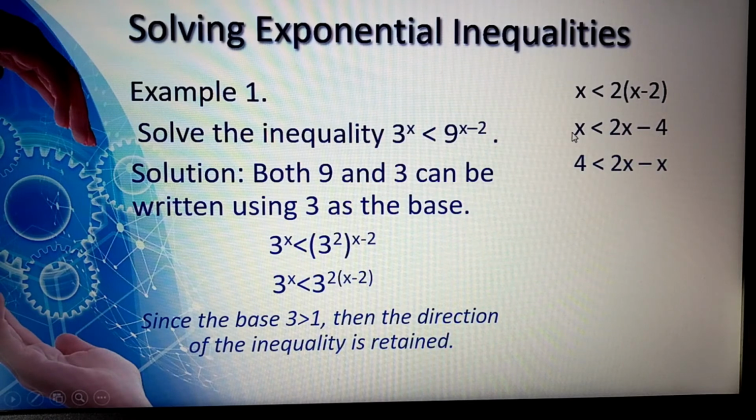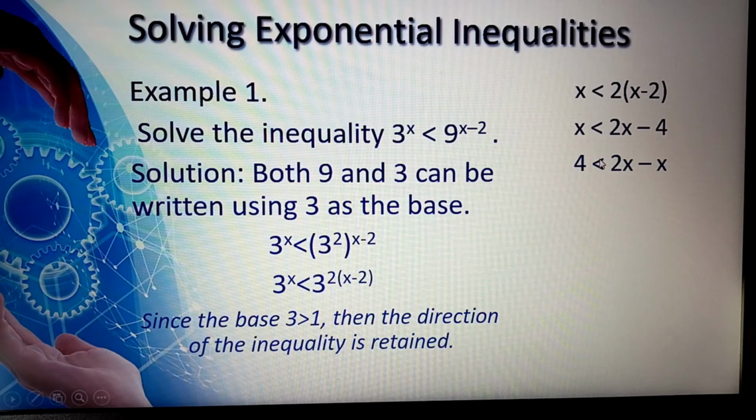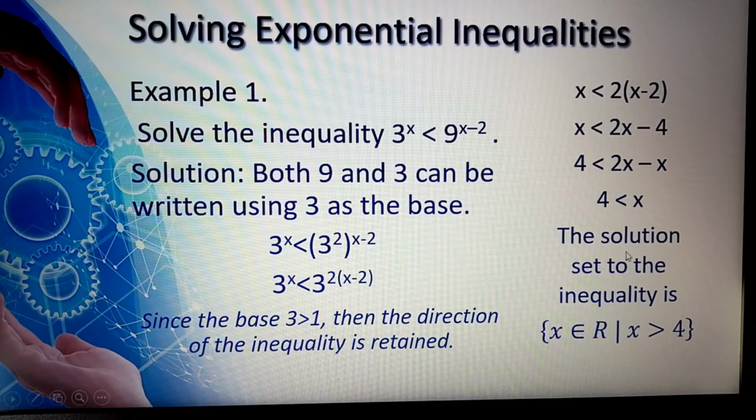Then comes the process of transposition. So, 4 is less than 2x minus x. So the value of our x is greater than 4, or 4 is less than x. By this interpretation, we write the result as the solution set.